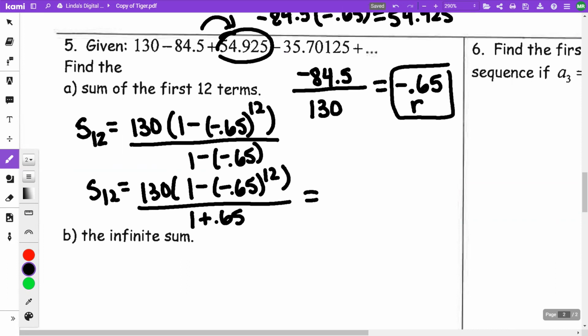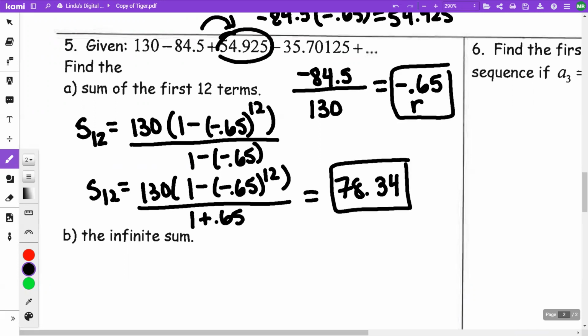So 130 times 1 minus the quantity -0.65, close that parenthesis, raise to the 12th, and then that whole thing in a parenthesis, divided by 1 minus a negative, or basically plus 0.65. And I end up with 78.34 as our answer.